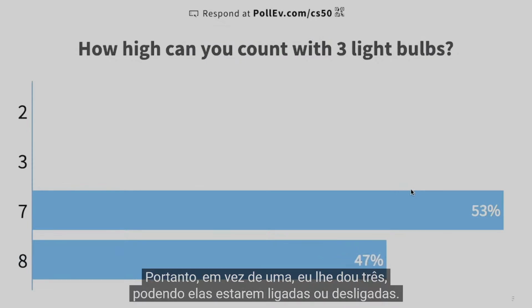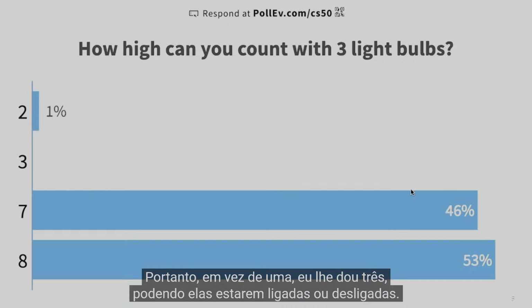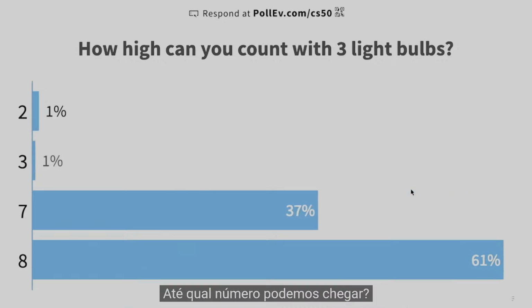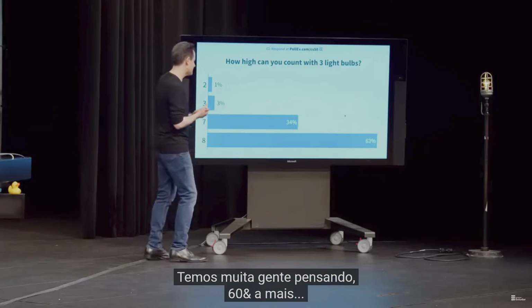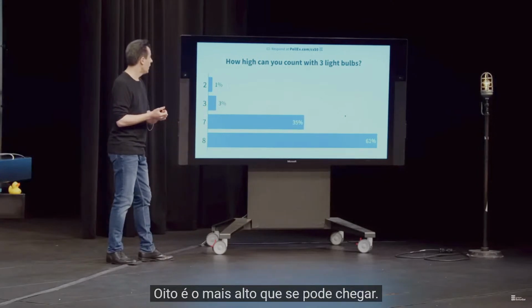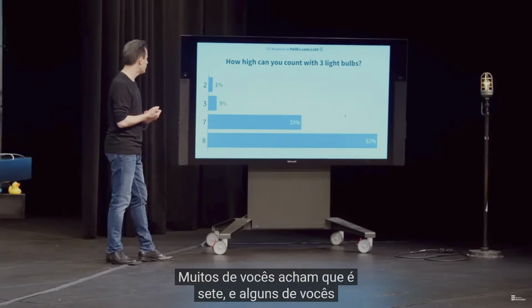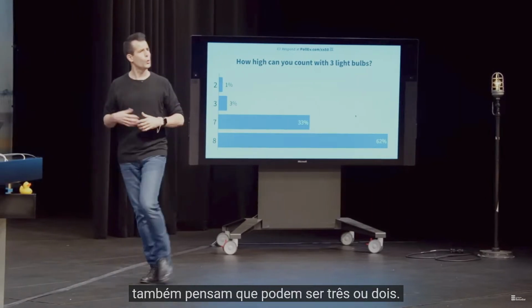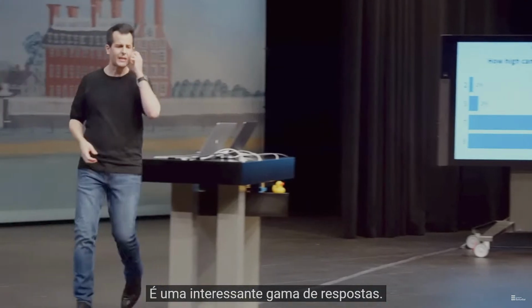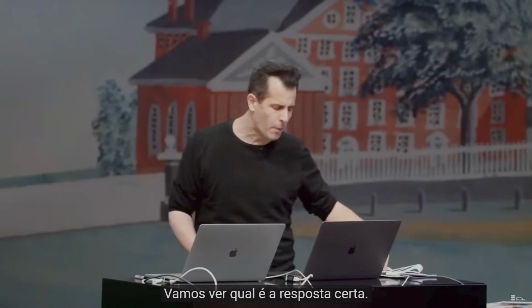So instead of 1, I give you 3, each of which can be on or off. How high can we perhaps count? So you'll see on the screen here, the answers coming in. We have a lot of folks thinking 60+% that it's 8 is the highest you can count. A lot of you think it's 7, and some of you also think it might be 3 or 2. So that's actually an interesting range of answers, and let's see what might actually be the case.